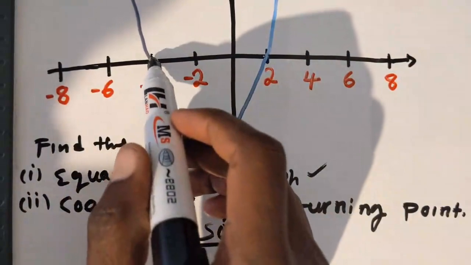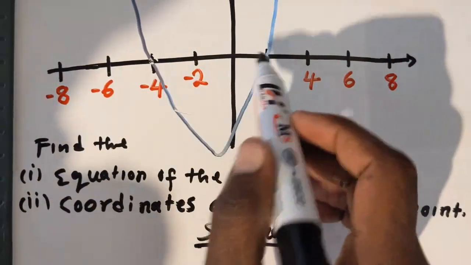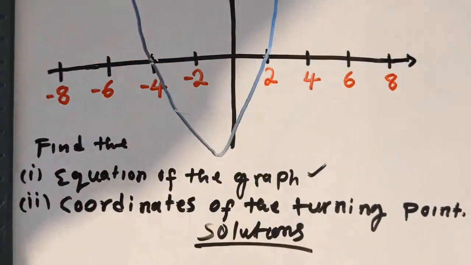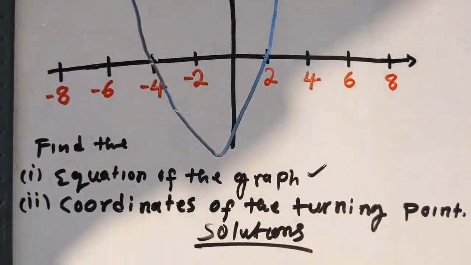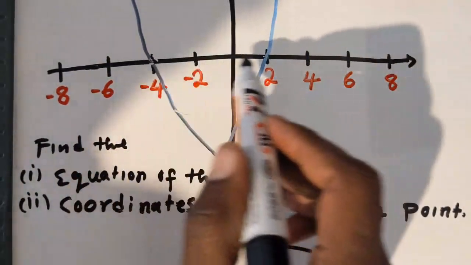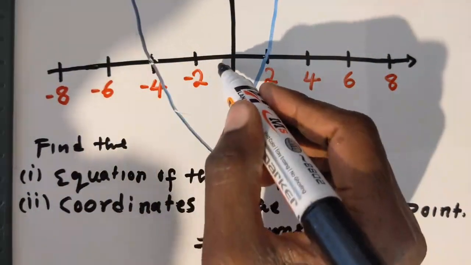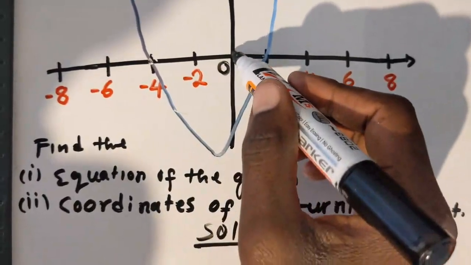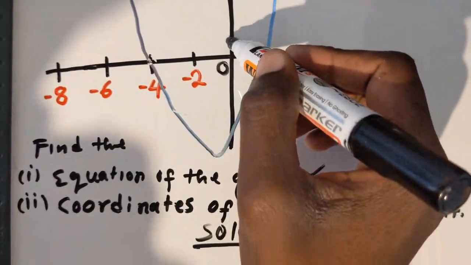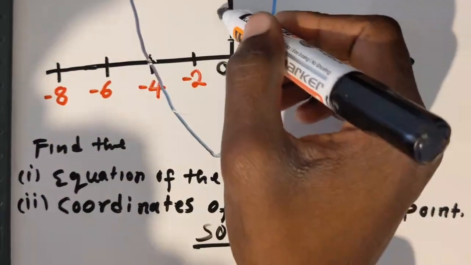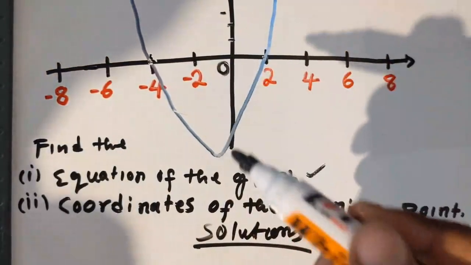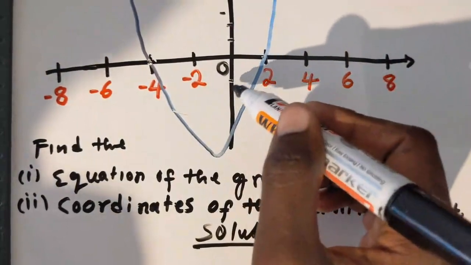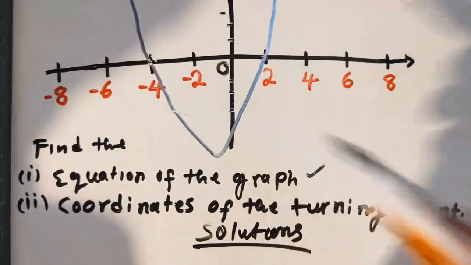So here y is equal to 0 and here y is equal to 0. So y starts to increase from here, going up like that, and starts to decrease, coming down like that.